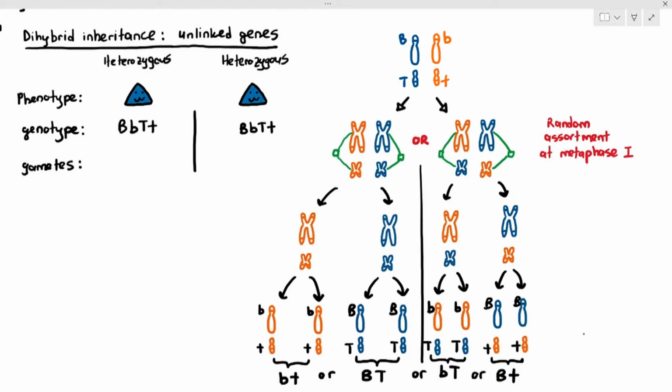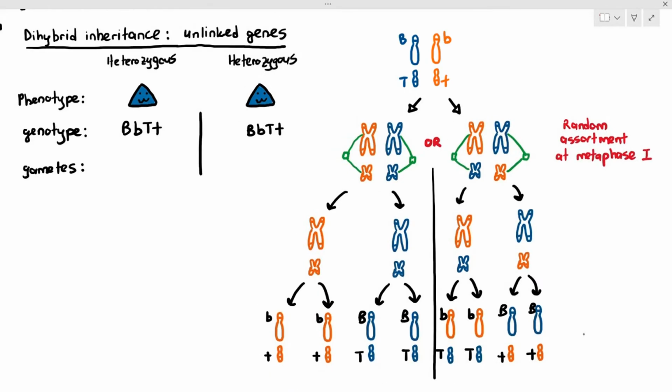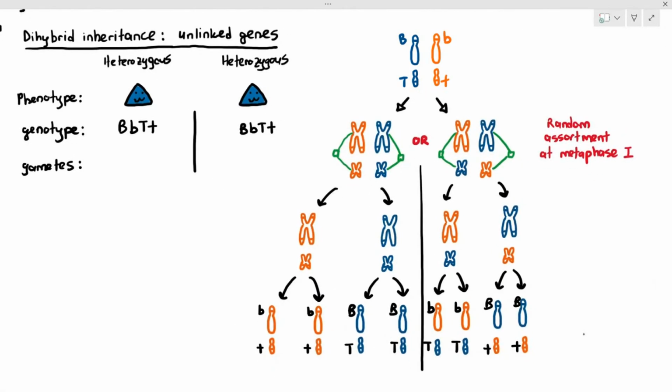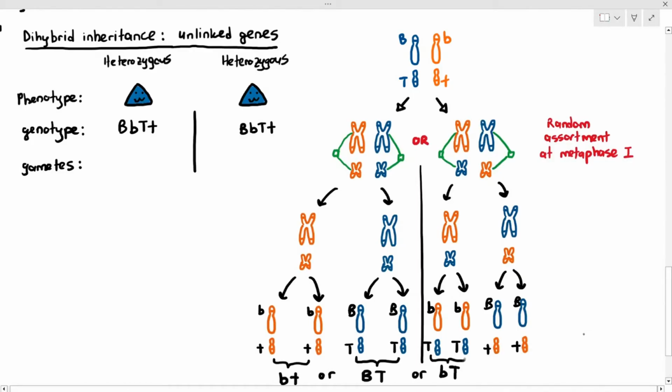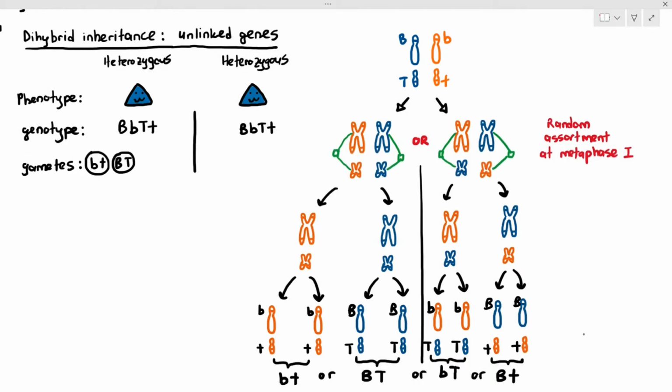So in this case, we notice that random assortment can give you different types of gametes. Because of independent assortment, how many types of gametes can be produced? You can produce 4 types of gametes. You can produce either small b, small t gametes, or large B, large T gametes, or small b, large T gametes, or large B, small t gametes equally.